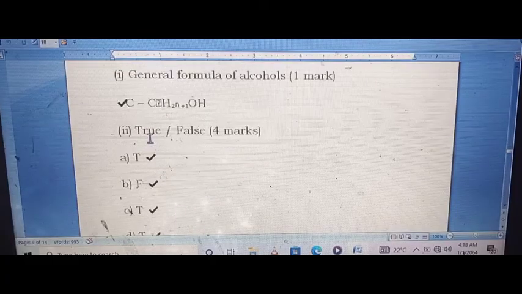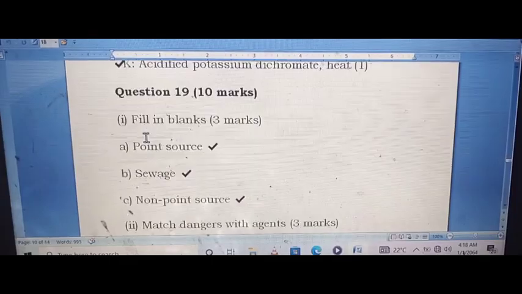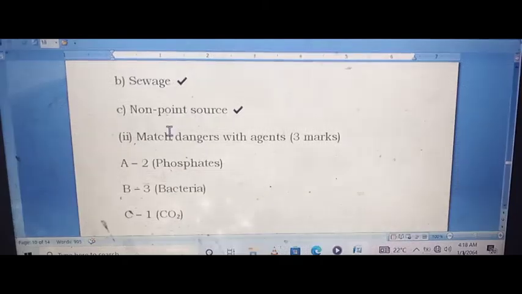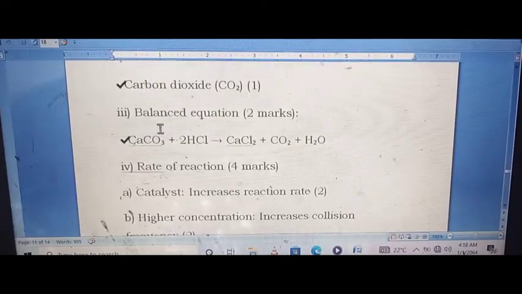Question 18, this is the answer. Question 19, this is the answer. Question 20.